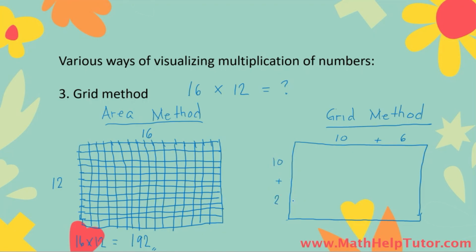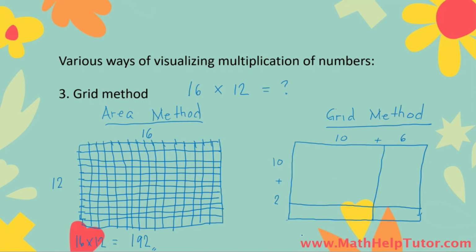Next, we are going to draw regions in this rectangle that represent the different place values of our numbers. So let's say this region represents the rectangle that has a length of 10 and a length of 6. And then this region over here, I'm going to draw a line, represents a rectangle that has a height of 10 and a height of 2.